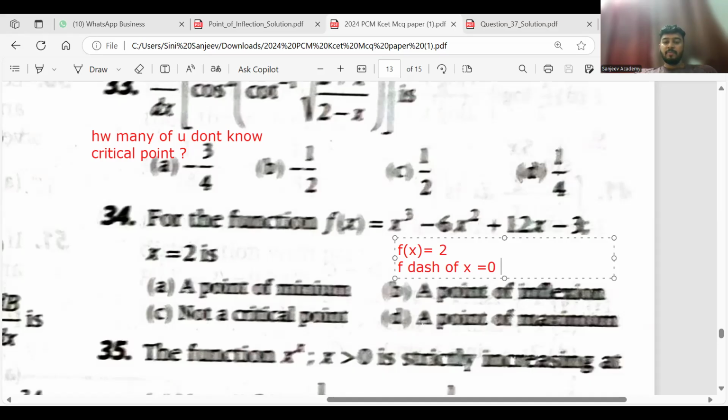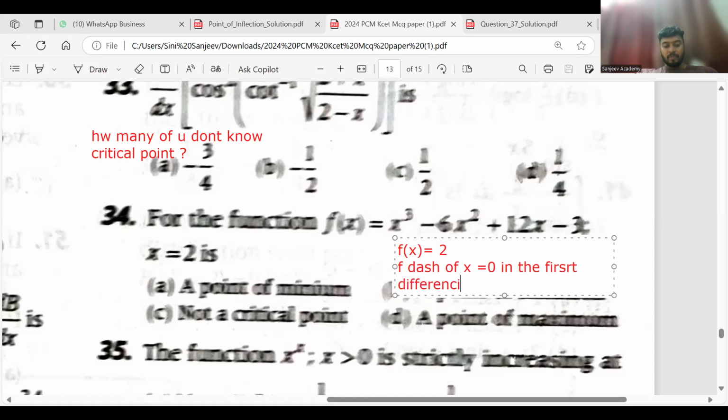Okay, the meaning is what? It's a critical point. If f dash of x is equal to 0 in the first differentiation only, then comes a point of minimum and point of inflection and point of maximum.